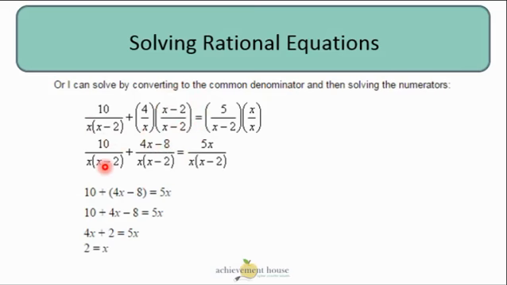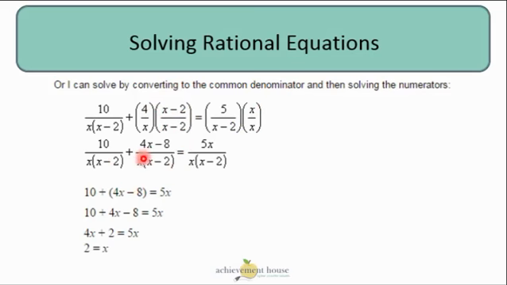I don't have to multiply it by anything. For 4 over x, I need an x minus 2 in the denominator. So as long as I multiply this by 1, I'm not changing that value. So I need to multiply the numerator by x minus 2 as well. And for 5 over x minus 2, it's missing an x, so I'm going to multiply that term by x over x.